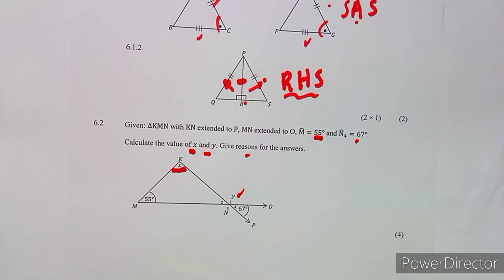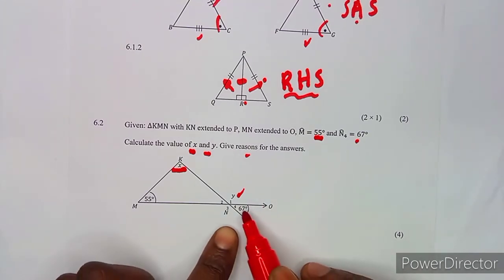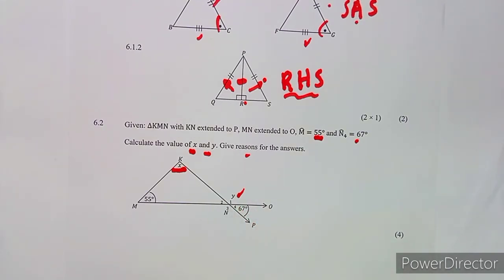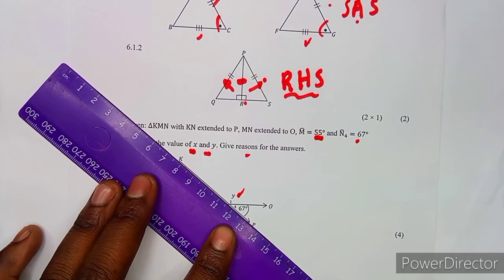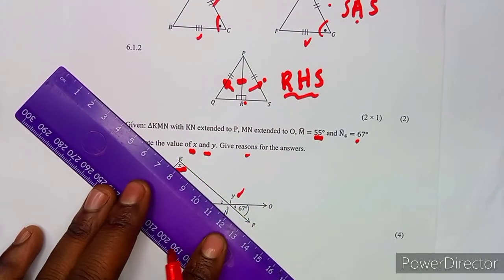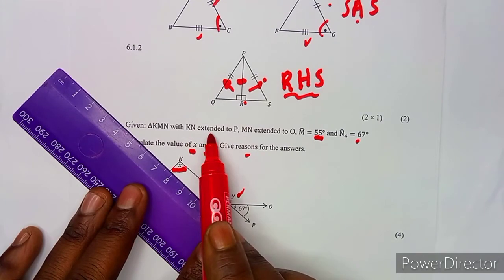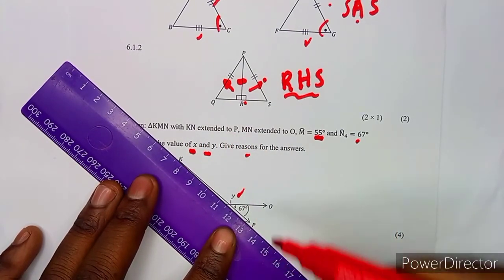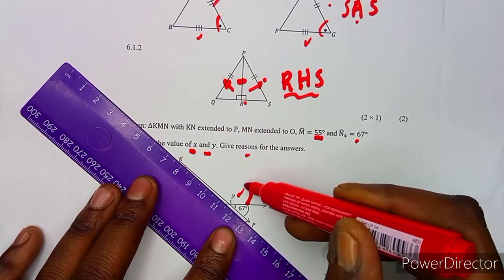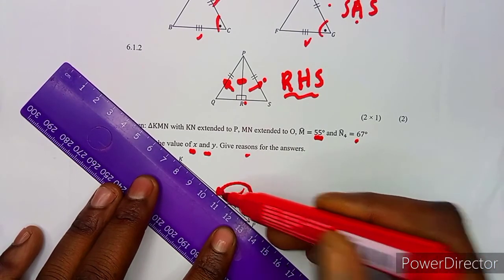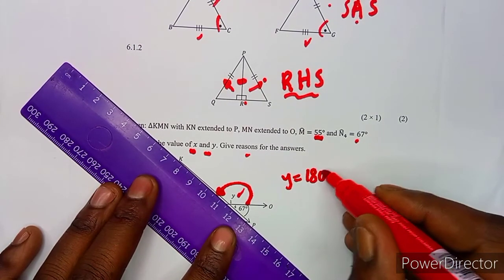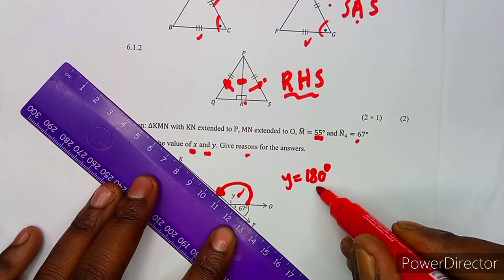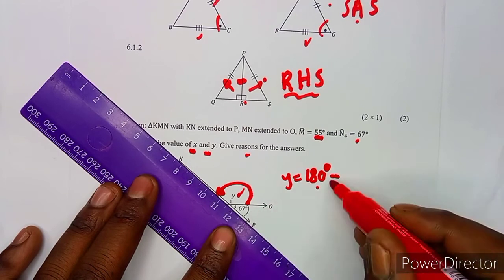So there are so many ways that we can use in this case. It's easier for us to calculate the value of y. I want you to see this part, guys, on y there. This is a straight line, because you're being told that this KN is extended to P. So this angle 67 and this angle here are on a straight line. So y is going to give us 180 degrees, because we know that angles on a straight line add up to 180, minus 67, which we are given.